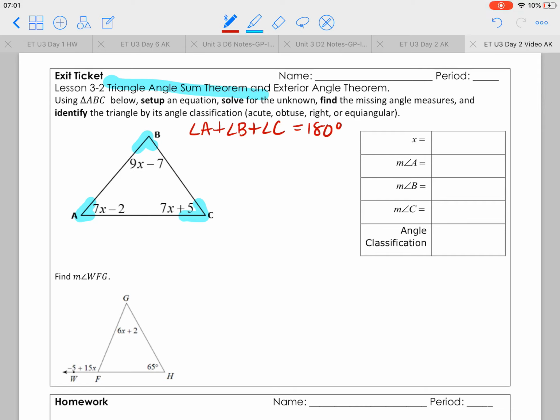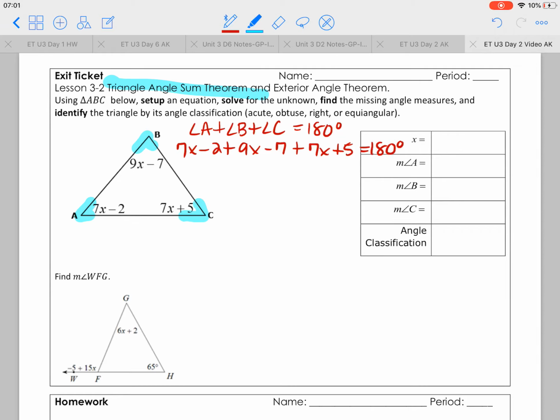Okay, so we need to set up an equation, which we will come back and substitute. Angle A is 7x minus 2, plus angle B, 9x minus 7, plus angle C, 7x plus 5, all equals 180 degrees.